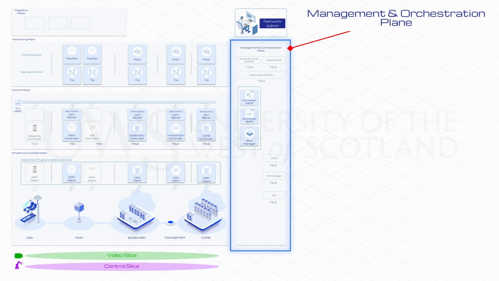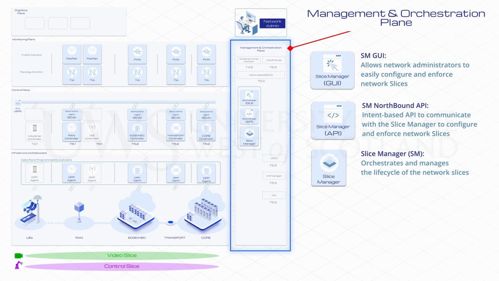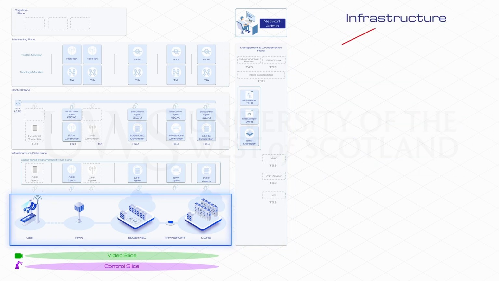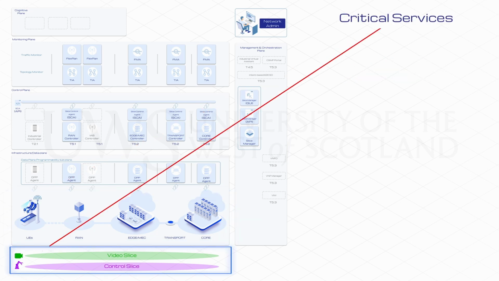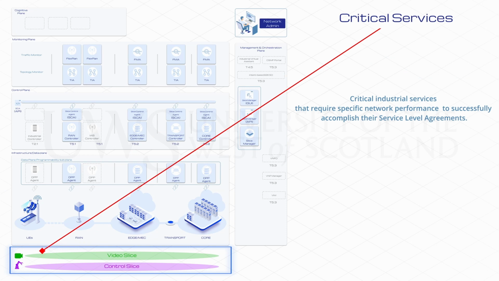Modules located at the management plane allow network administrators to configure and deploy network slices by accessing the Slice Manager dashboard. The functional architecture presented lies on top of a mobile infrastructure with multi-tenancy, virtualization, and containerization capabilities. The demo will show how to create an end-to-end slice for the target critical services.